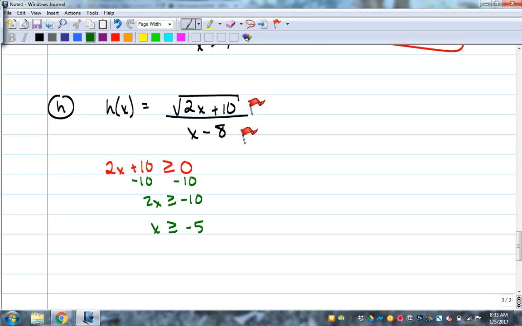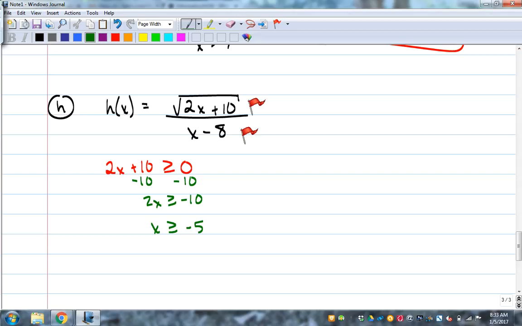Let's get that. x, is it plus or minus? It's just negative 5.